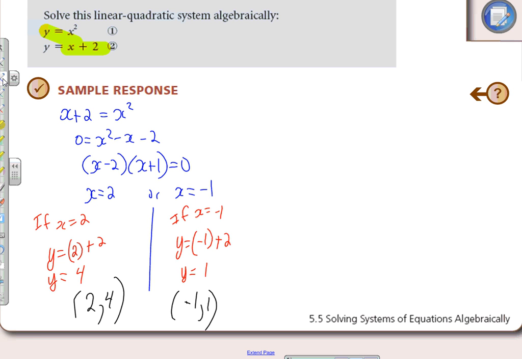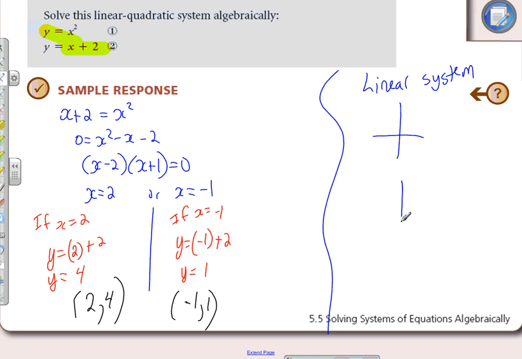So if we look back at all the different types of solutions that we have, if we're looking at a linear system, that's a linear and linear, two lines, your options were one line and another line intersecting to give one solution.